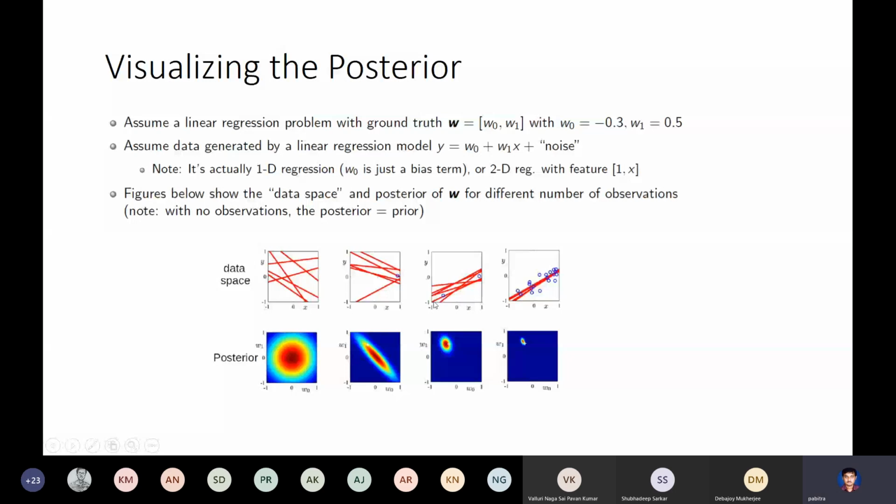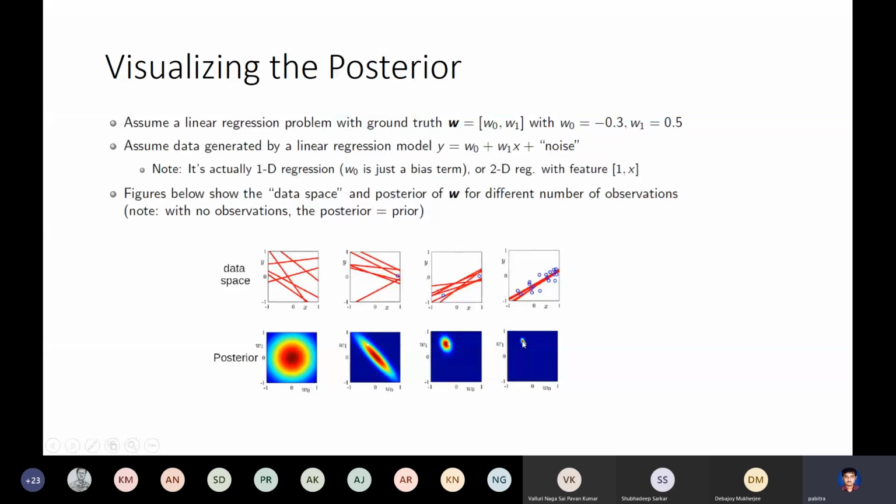Take the second observation. Now this posterior gets even further localized. If we sample from this posterior, you will get a bunch of lines which pass close to both points. If we get n observations, this posterior gets localized to a single point. What does this mean?